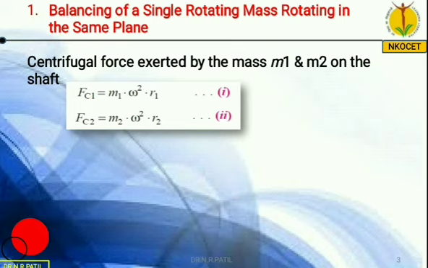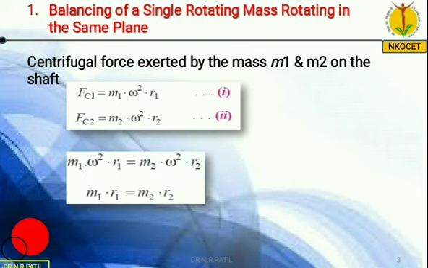If you see carefully, m is mass, omega is the angular speed of the shaft, and r1 and r2 are the distances at which masses m1 and m2 are attached from the center of the rotating shaft.